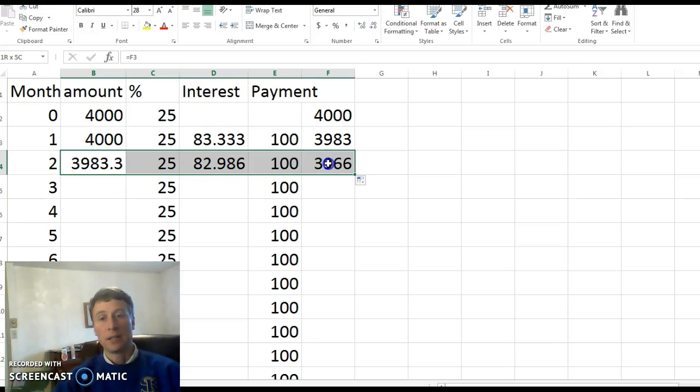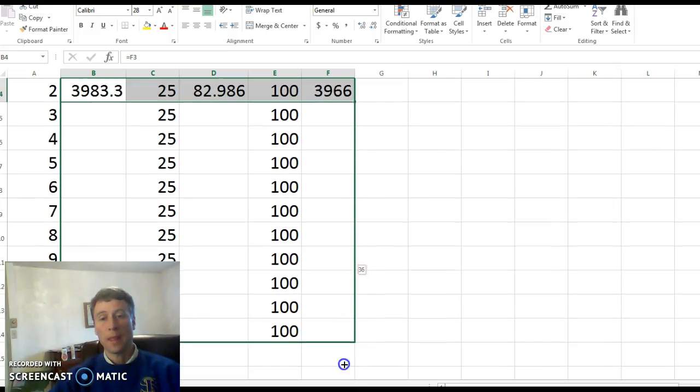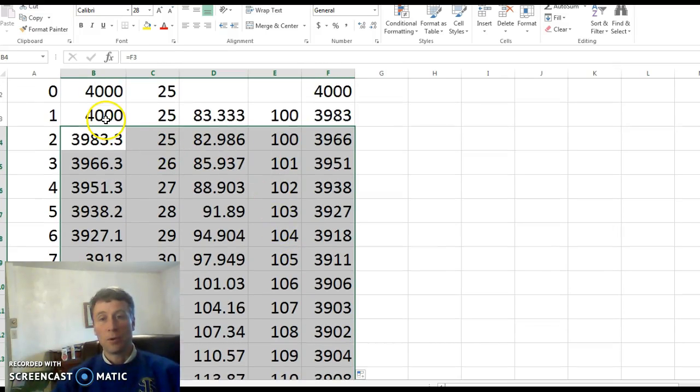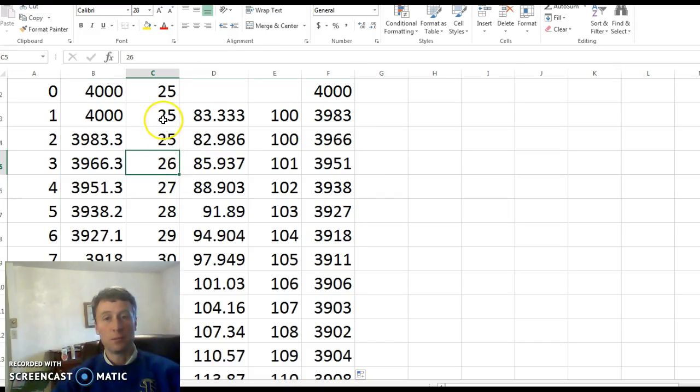Now I can continue that pattern. I can just drag that down. And so after 12 months, I will owe, oops, something happened there. Maybe I need to get both of those. This one looks right. This one is not. Oh, this changed. So this needs to be 25 still, 25%.